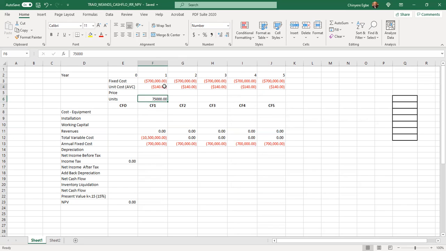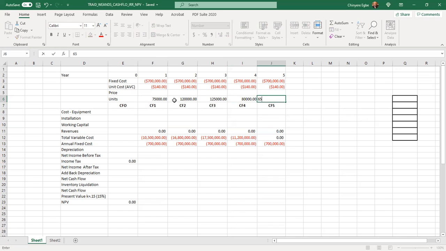That is the unit cost times the number of units that you produce. The next year you produce 120,000, then 125,000, then 80,000, and the next year 65,000. And so you see it populates that.